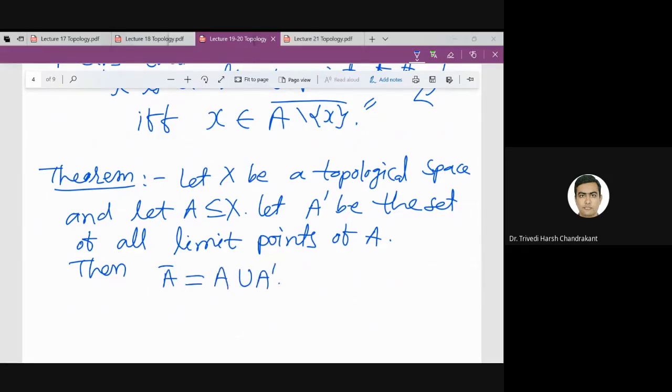This we already know from real analysis, but we want to prove it in the general setup of topological spaces.